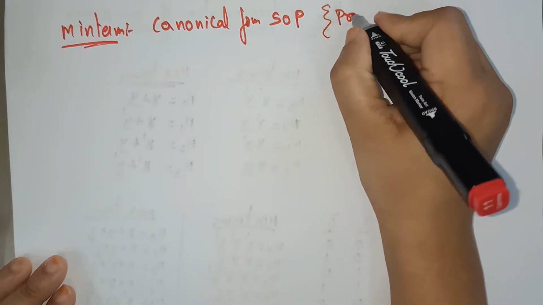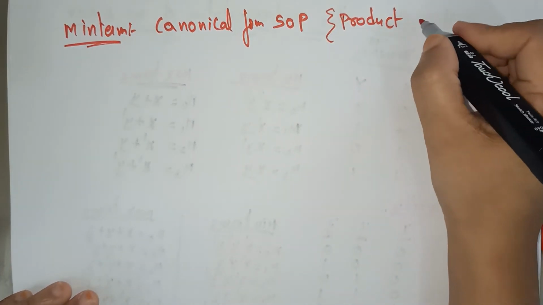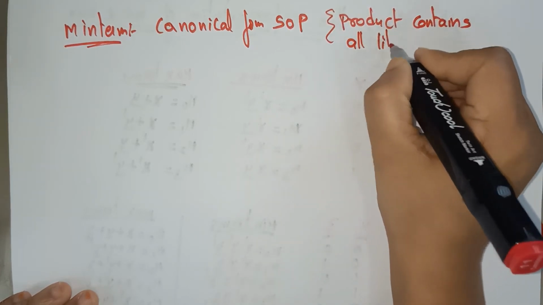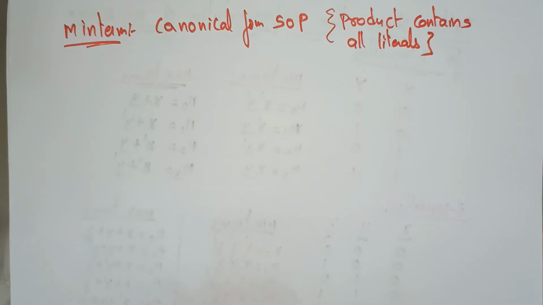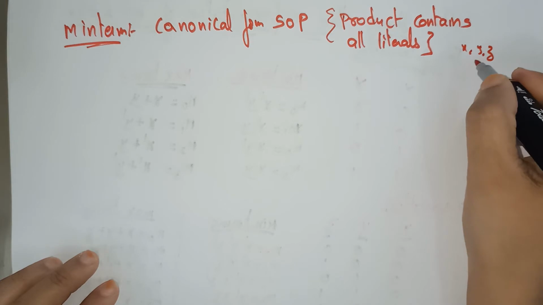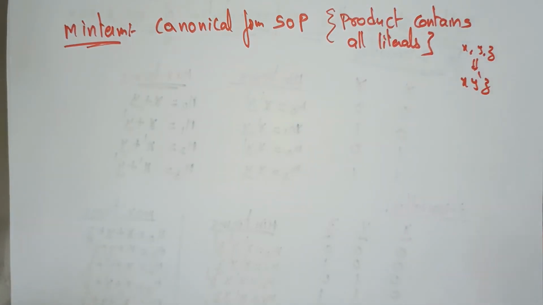Whatever product term we take, it should contain all literals. All literals means all variables should be present. If there are three variables, the product should contain all three variables, either in complemented or uncomplemented form, but all three variables should be present. That is a canonical form.